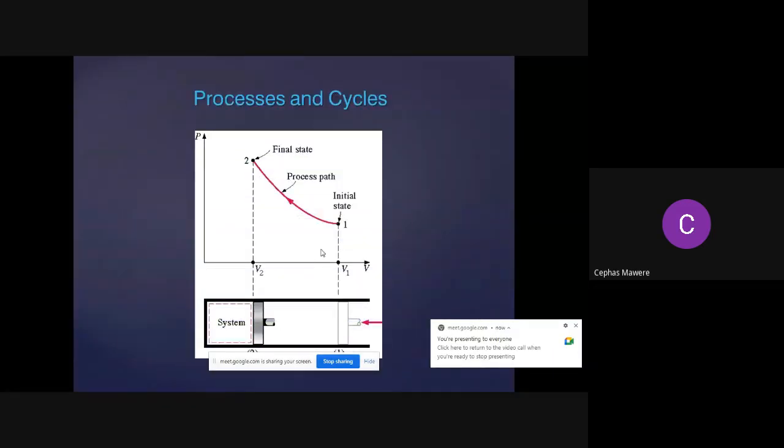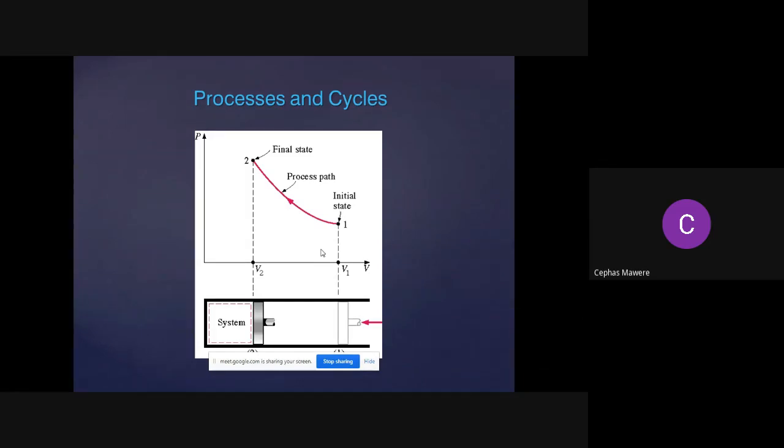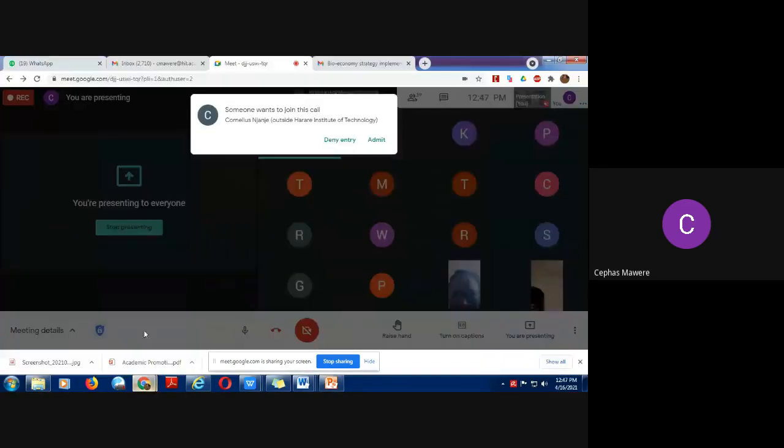So now moving on, processes and cycles. Generally speaking, the state of a system, say concerning volume in its relation to pressure, can move from state 1 to state 2. State 1 can be the initial state, and state 2 can be the final state.